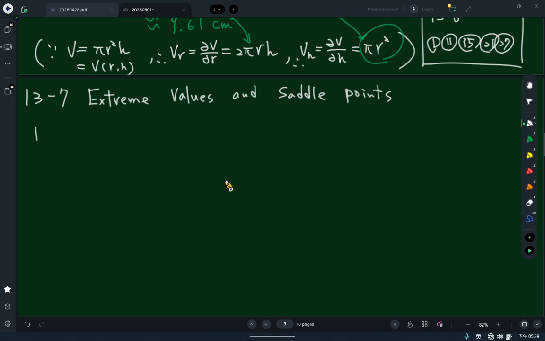So in this session, we will discuss these two terms. So let me just introduce what is the local maxima. What is local minimum?